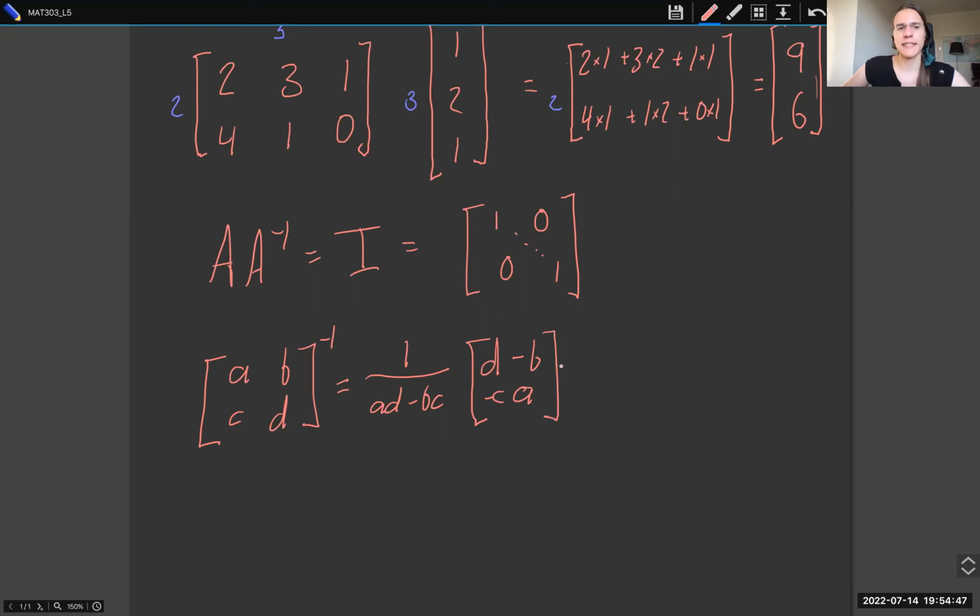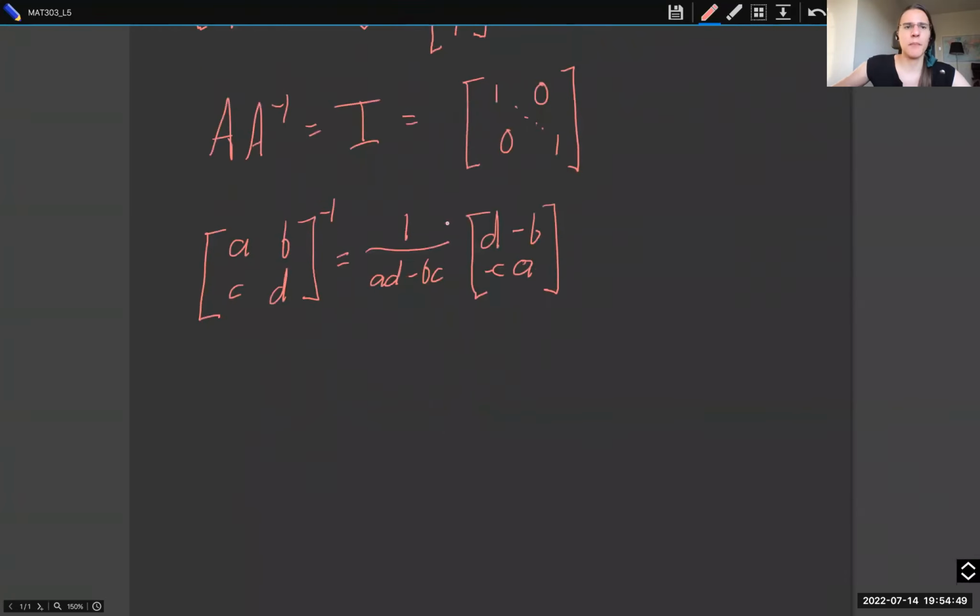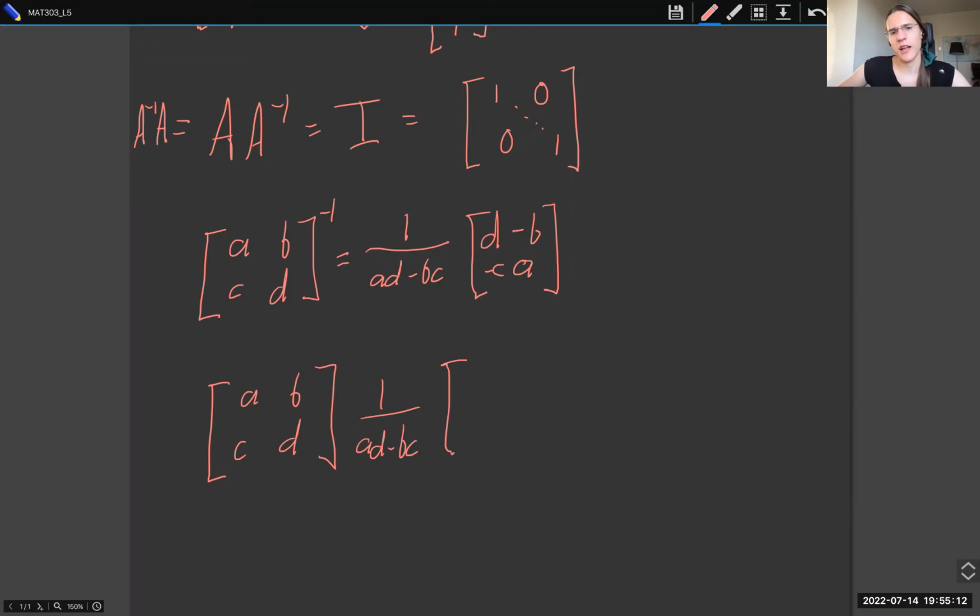So let's verify that this is the inverse. It should also equal A inverse times A, but we're only going to verify one of them. So let's see what happens if we multiply A, B, C, D by 1 over, this is just a number, times this matrix.